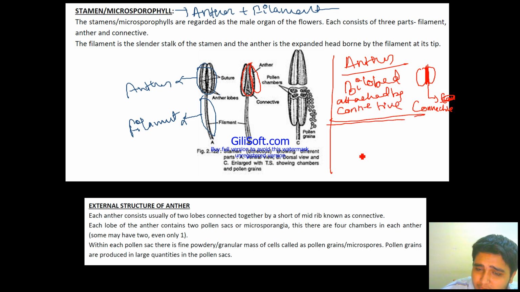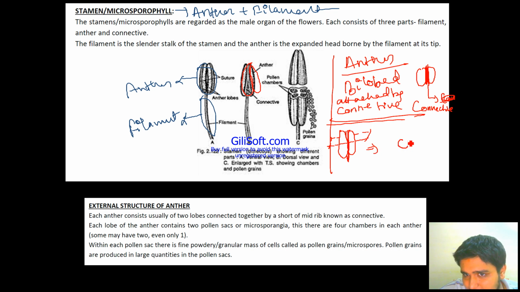Clear? Now, if you take a knife and this is your anther, a bilobed structure with the connective, and cut through this plane, passing a plane through this region, what do I see? I see this kind of structure. So this is one lobe and this is the other; two lobes are present.